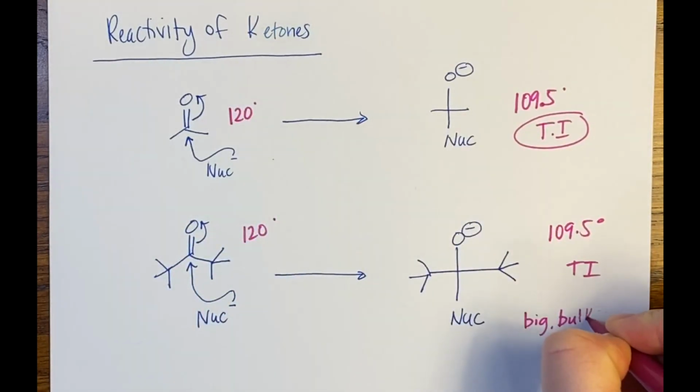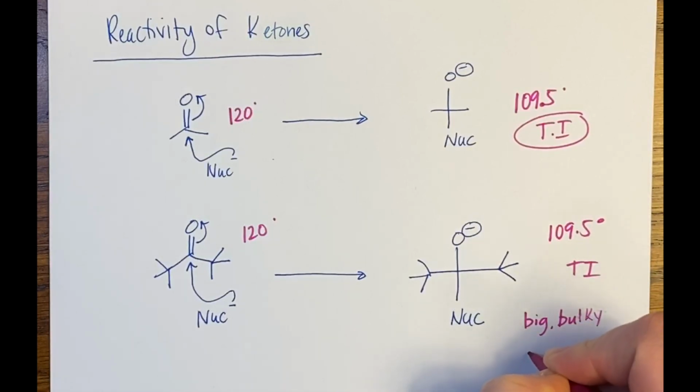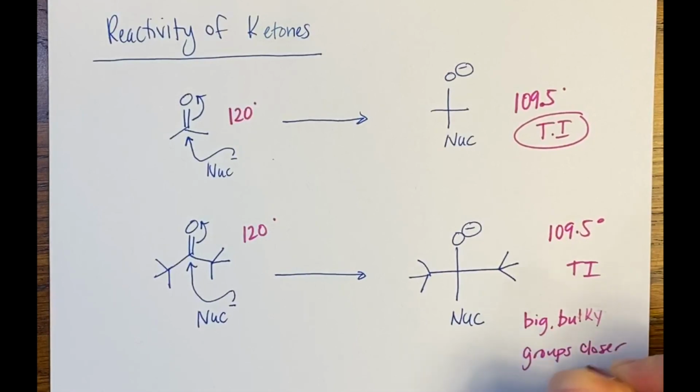So here we have to put our big bulky groups closer together. That can be another reason that impacts the reactivity difference for a ketone compared to an aldehyde.